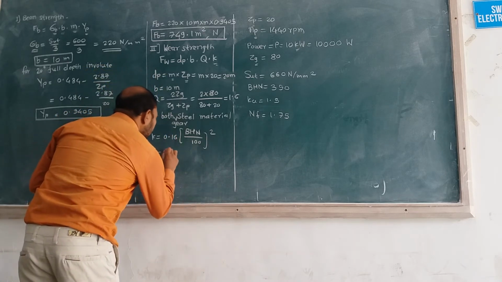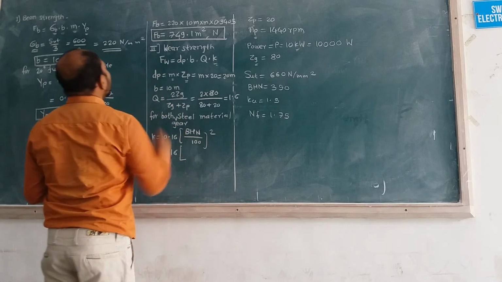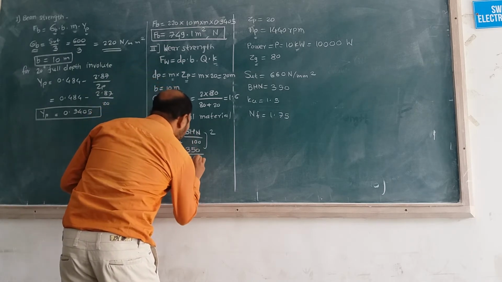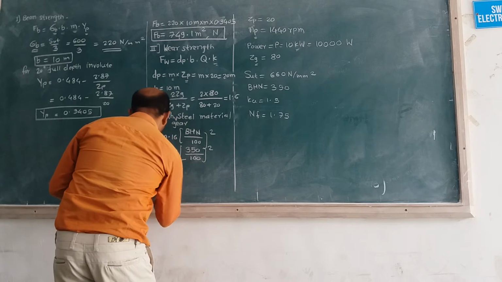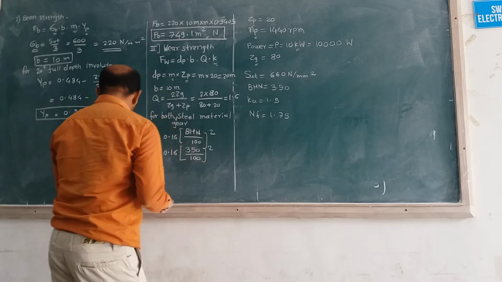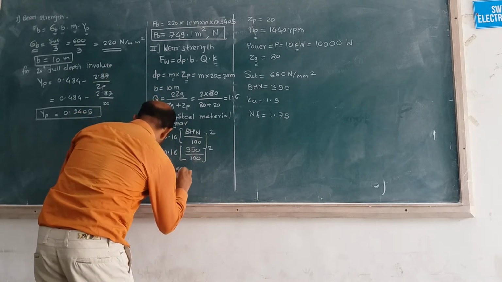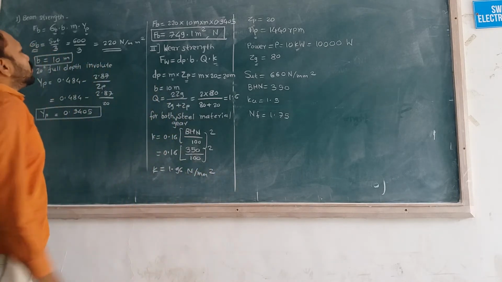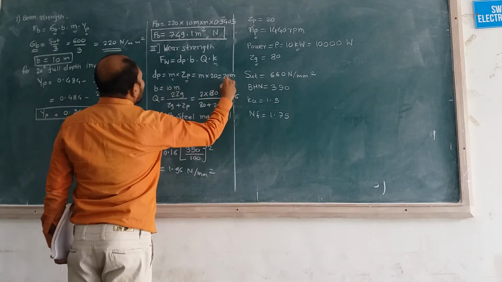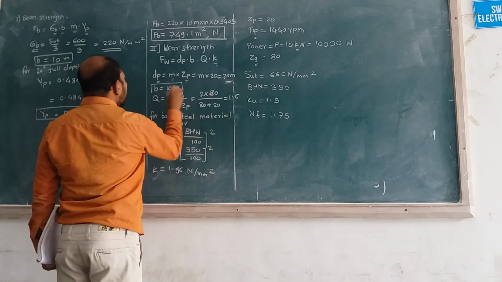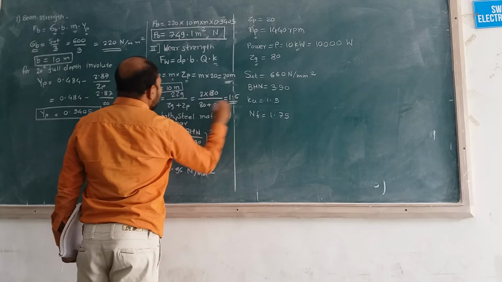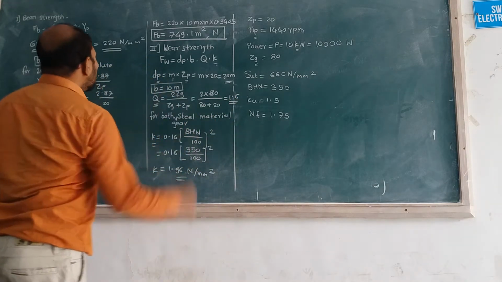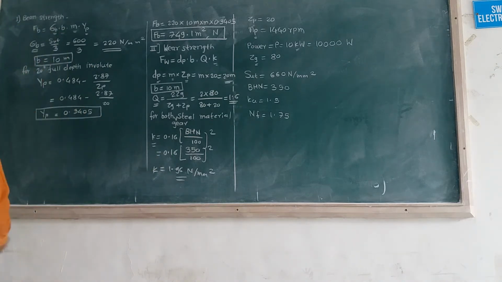So 0.16 into BHN, which is already given, that is 350 upon 100 bracket square. If we solve this value, we are getting K is equal to 1.96, unit is Newton per mm square. So we are getting the dP value, we already have the B value, we are getting Q value, we are getting K value.